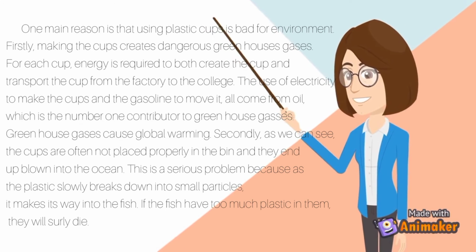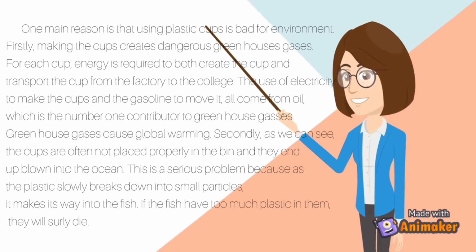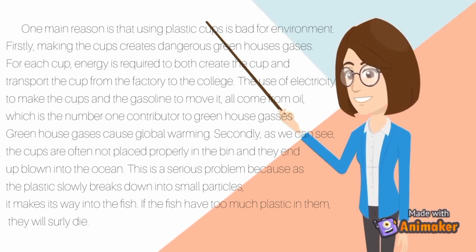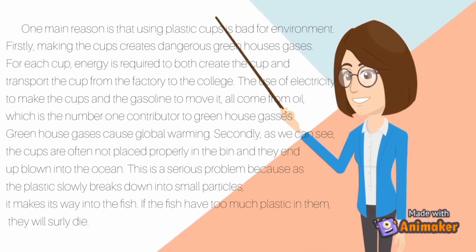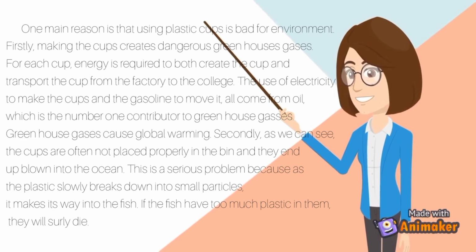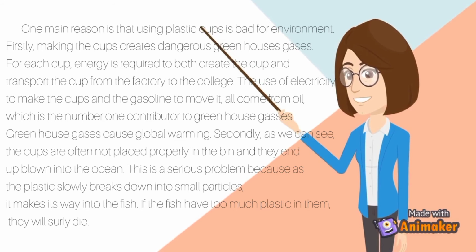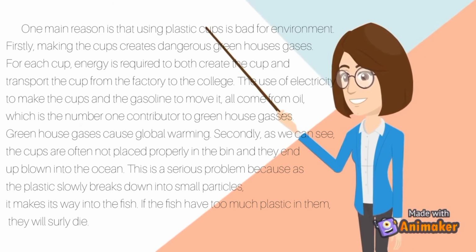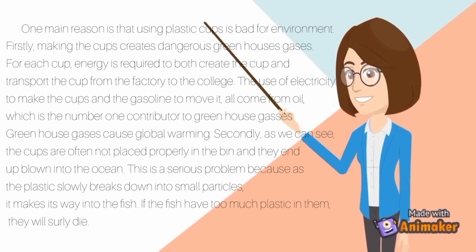So, first reason, dangerous greenhouse gases, and the second reason, the fish will die because the plastic is blown into the ocean. All these support the idea that using plastic cups is bad for the environment.